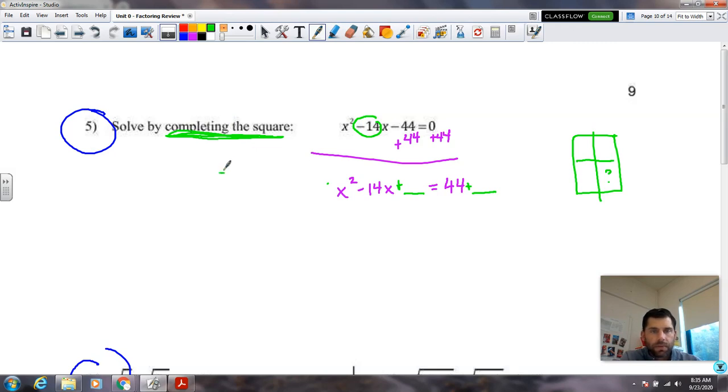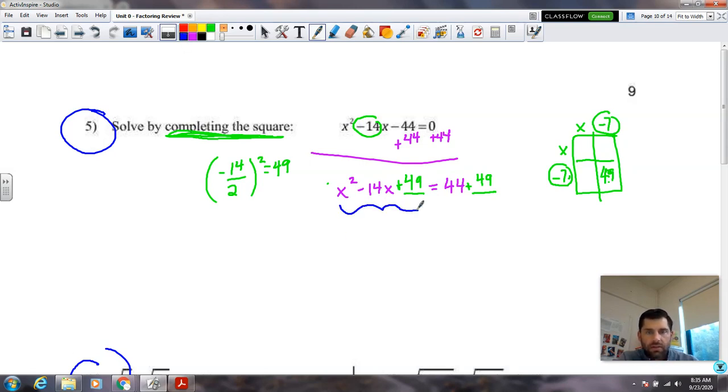All we have to do is take our b value, divide it by 2, and square it. So that's really what's going here and here. So we have our x and our x, the b value divided by 2, and that's how we get my 49 here. So -14 divided by 2 is -7. -7 squared is 49. So we have 49 here. We have 49 here. And our work is pretty much done.